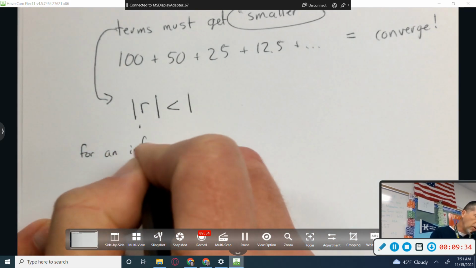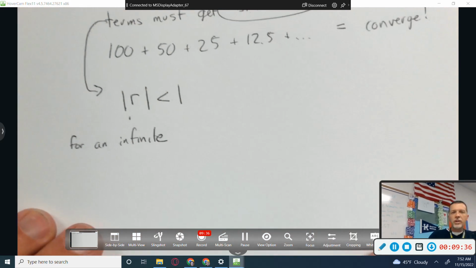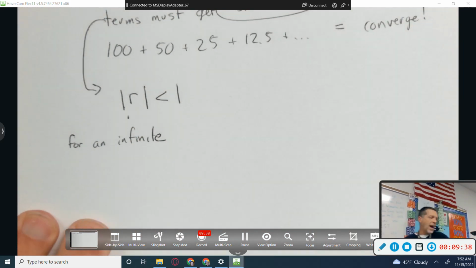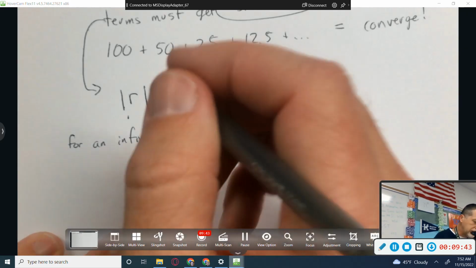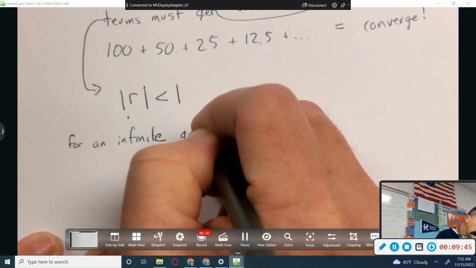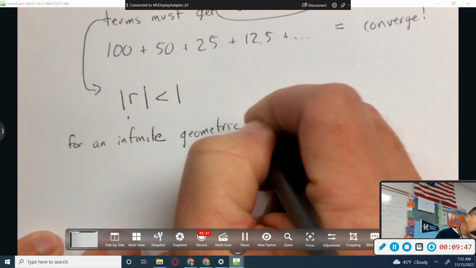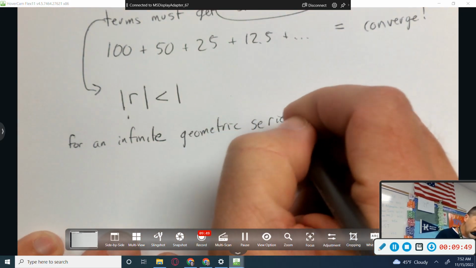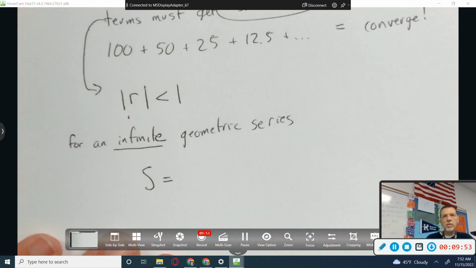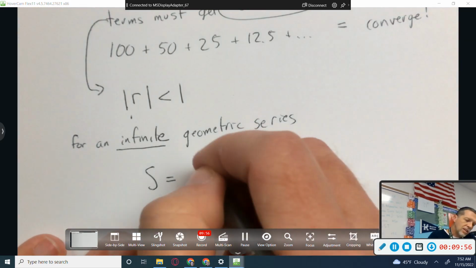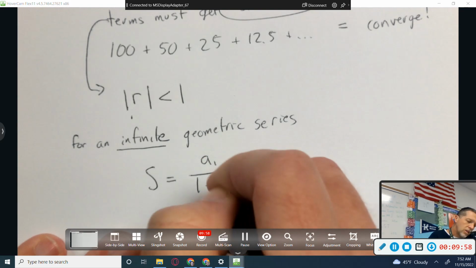All right, here's the formula. The formula is actually easy. It's kind of weird that it's the easiest formula we have for the most sort of complex concept going on. For an infinite geometric series, the sum is equal to a1 over 1 minus r.